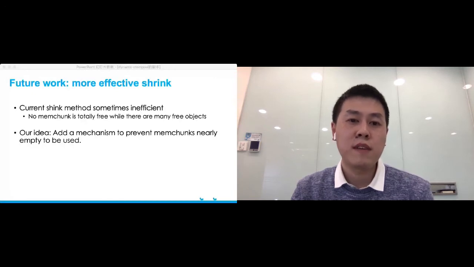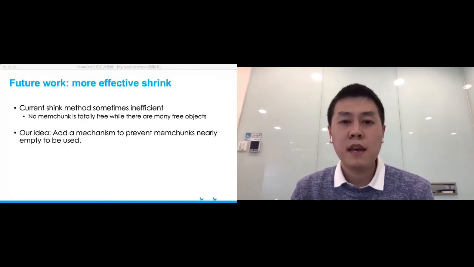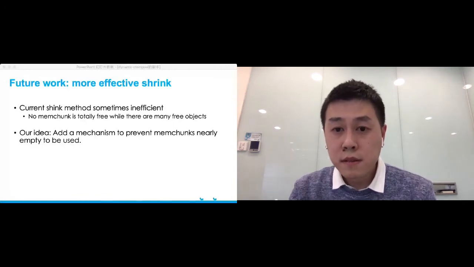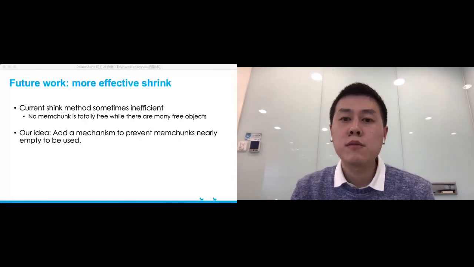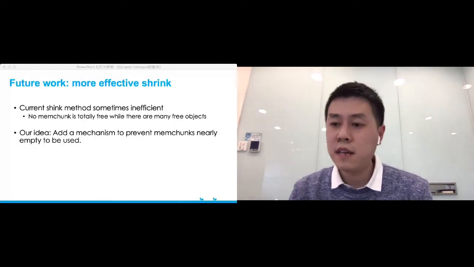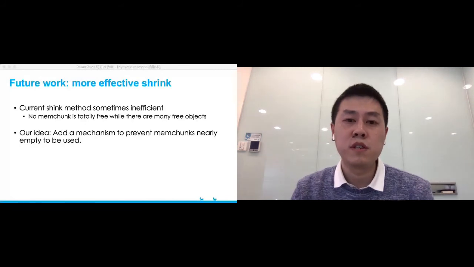Up to now, we have an idea of adding a mechanism when shrinking, to prevent almost-empty mem chunks from being used in the future. Normally, the objects of these chunks would be freed shortly, and by then, we would be able to retrieve them.